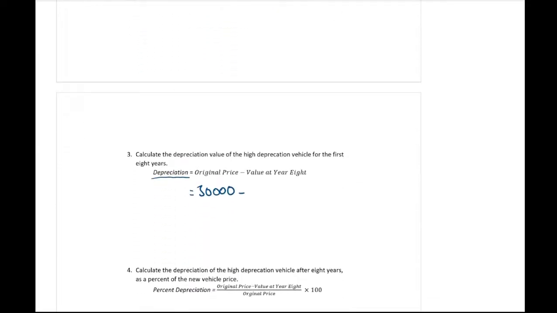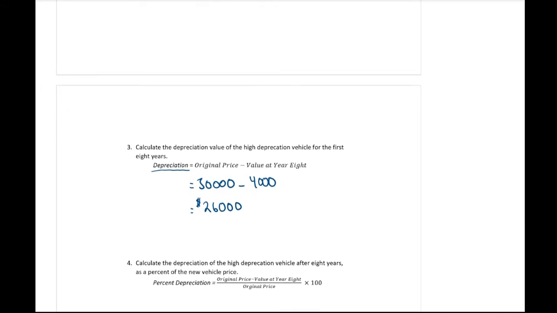So here it's going to be 30,000 minus 4,000. Again, you may have slightly different values at year 8, but roughly in that ballpark. And when we subtract the two, we get 26,000. So basically there's a depreciation value of $26,000 for the first 8 years for the high depreciation vehicle.